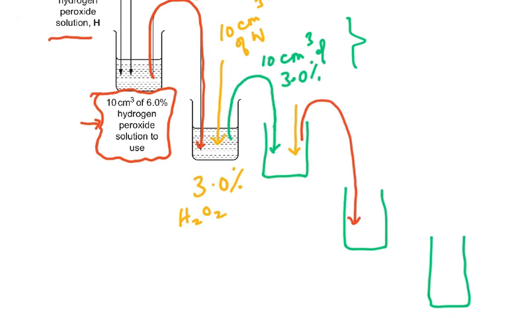So you can do all the arrows first. So every time you would take out 10 cm cube, and every time you would add 10 cm cube of water into it.